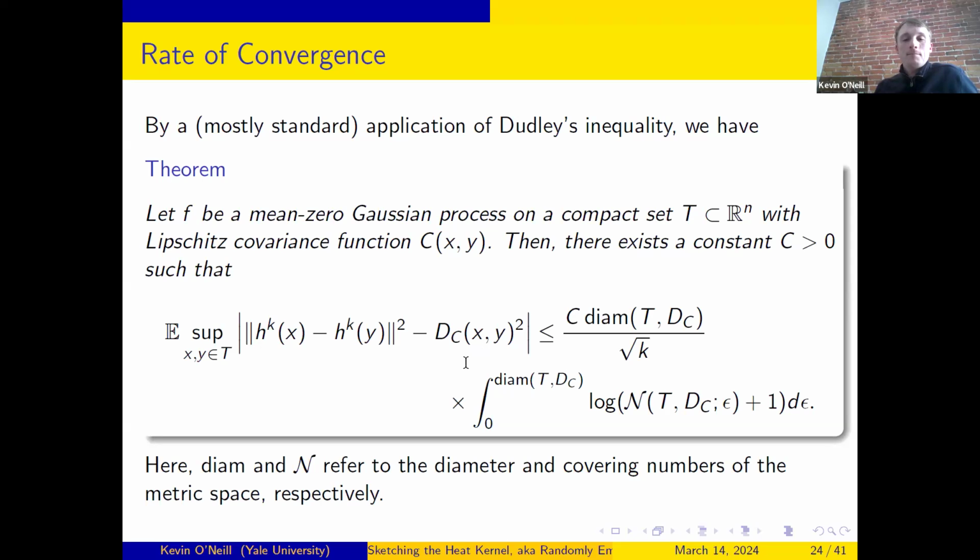Quick question, is it not the square root of the log in the integral? Yes, so typically in Dudley's inequality, if you have a Gaussian process, you have the square root of the log.